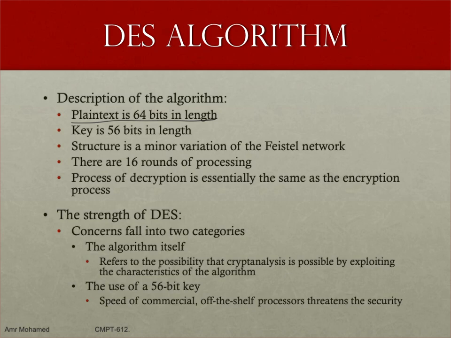The algorithm itself is in many cases not weak, because there is a proof that the correlation from performing these rounds systematically is indeed very low, but it depends on the key size. So in many cases, the strength of the algorithm depends on the key size. The use of the key is the biggest problem.